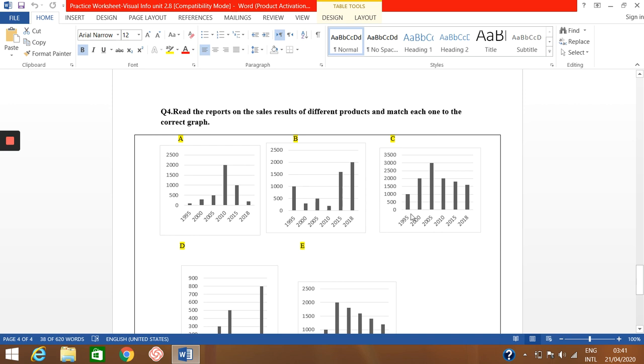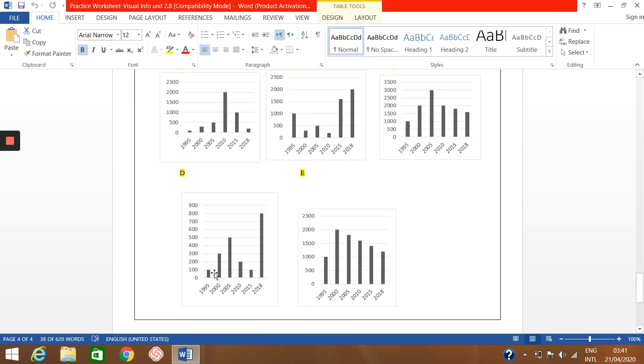And here, for example, in C, there is some kind of gradual movement. Then there is some kind of gradual increase, and here we have a gradual decrease, and here it increased, decreased, then reached its highest point at 800 in the year 2018, and here it starts at 1000 and reaches its peak in the year 2000, then it decreased gradually here.